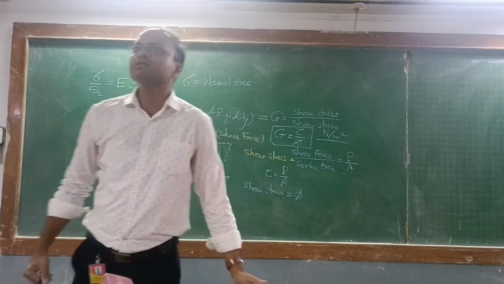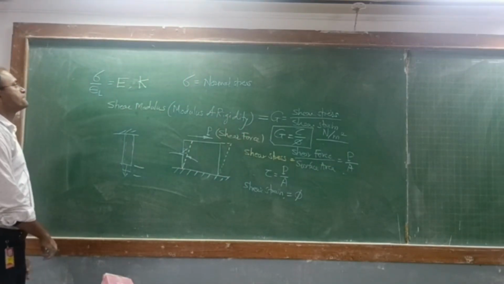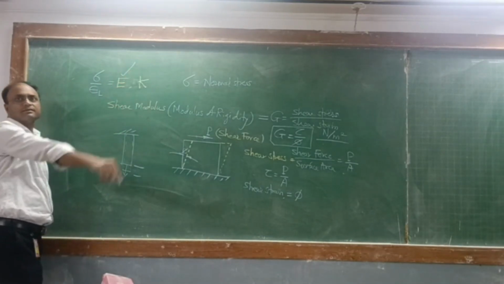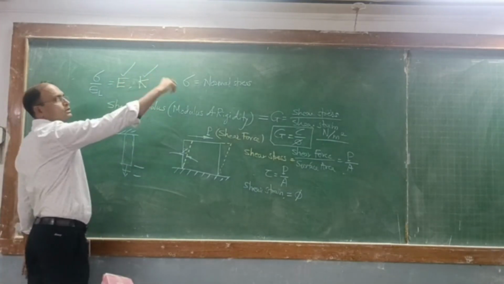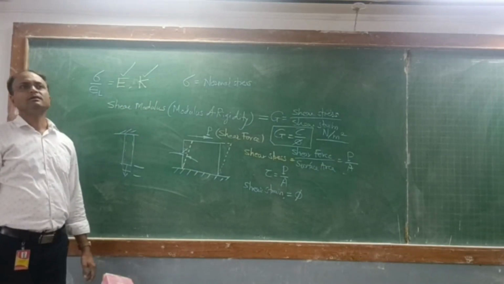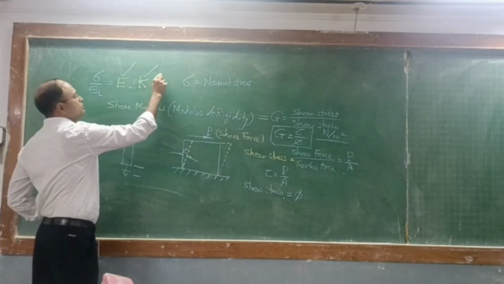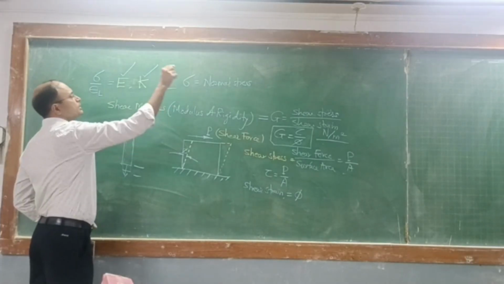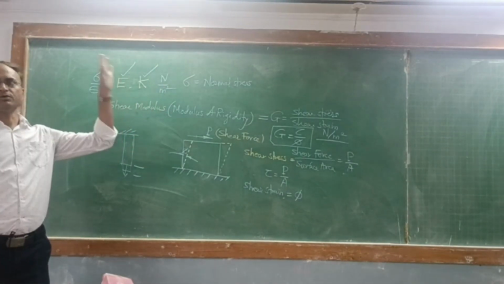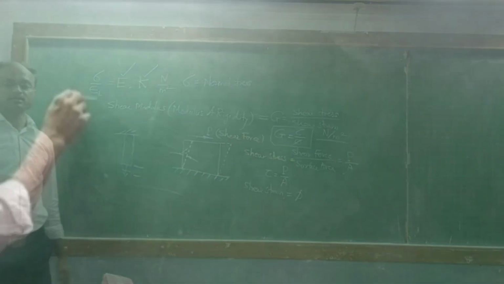So we have studied all the three elastic constants. कौन से? Modulus of elasticity, bulk modulus, and now shear modulus और modulus of rigidity. तीनों का यूनिट क्या है? ऐसा यूनिट न्यूटन पर मीटर स्क्वायर. All elastic constants have same unit, न्यूटन पर मीटर स्क्वायर.